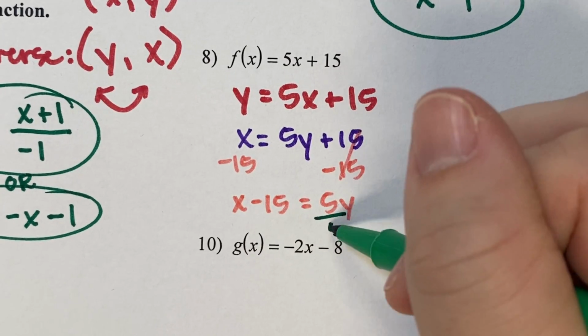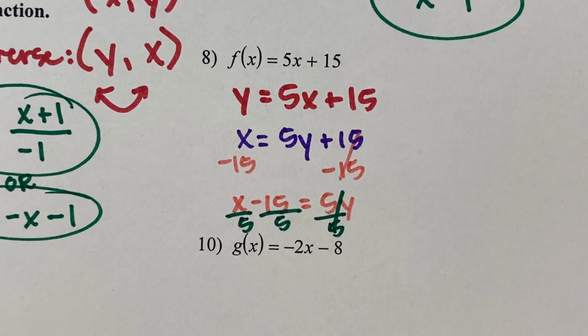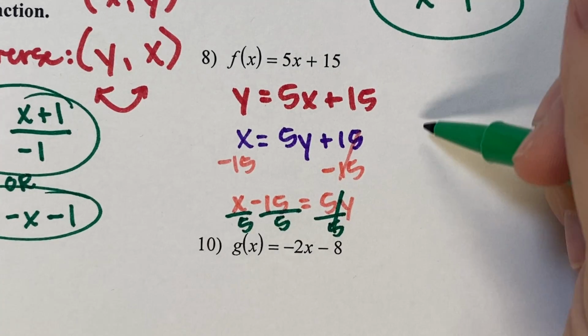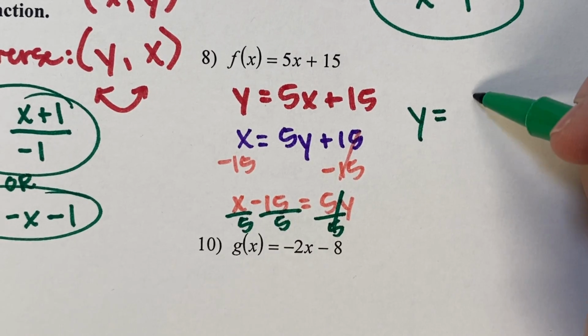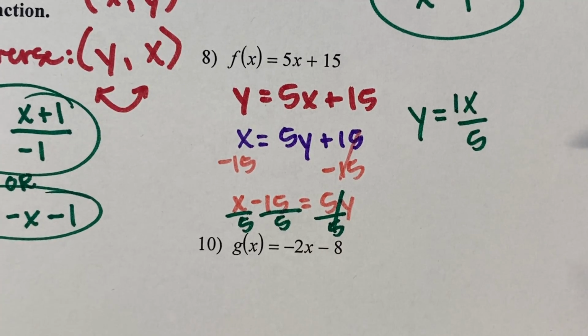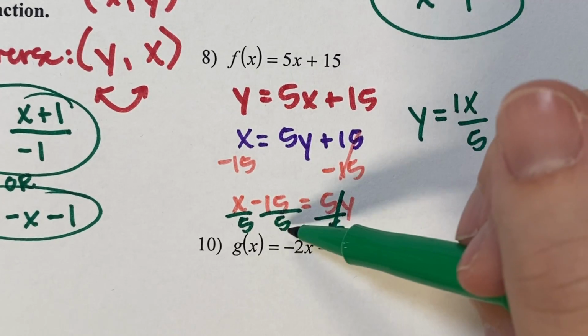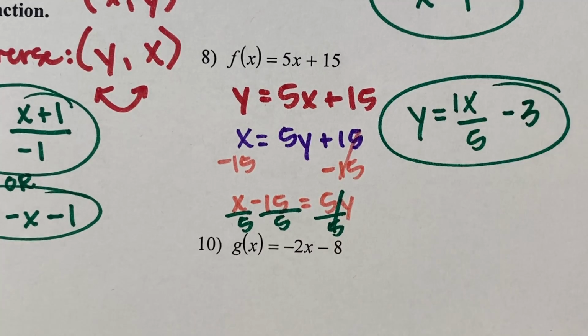We do the opposite, divide by 5. And everything on that side needs to be divided by 5. So now I can rewrite this over here as y equals, well, x over 5 can be written as x over 5 or 1/5 x, either. Negative 15 divided by 5 is a nice and pretty answer that simplifies to negative 3.